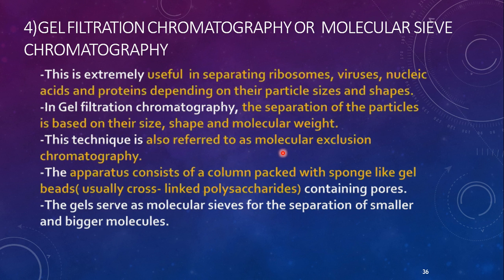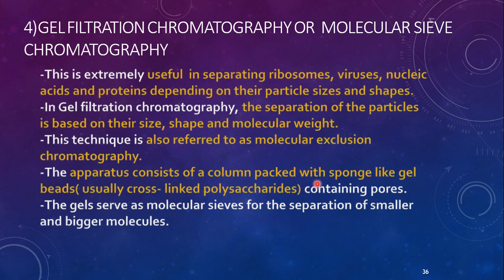This technique is also referred to as molecular exclusion chromatography, meaning high molecular weight molecules will elute first and low molecular weight will elute last. So here exclusively higher molecular weight or low molecular weight components of the same polymer will be separated.